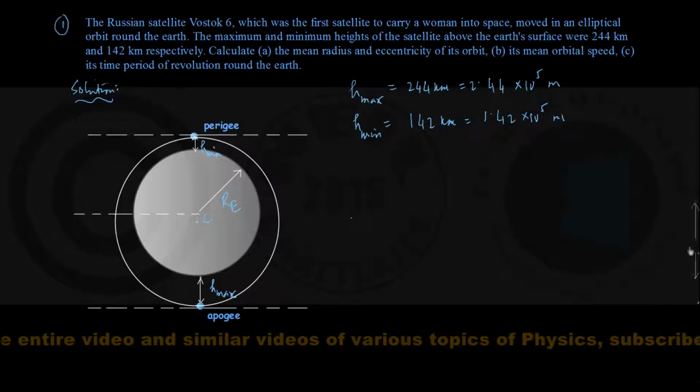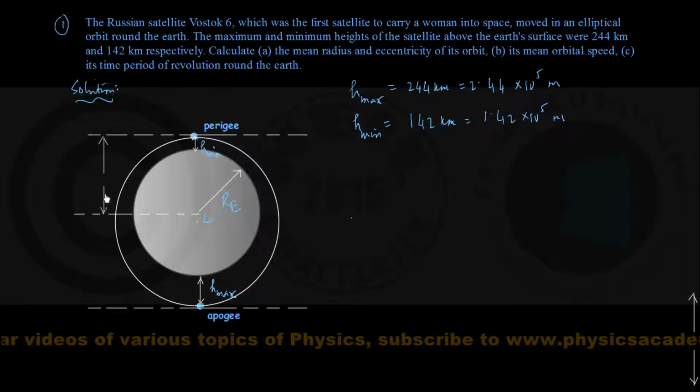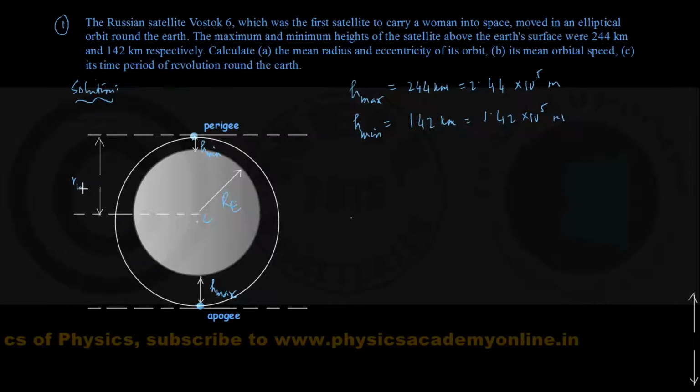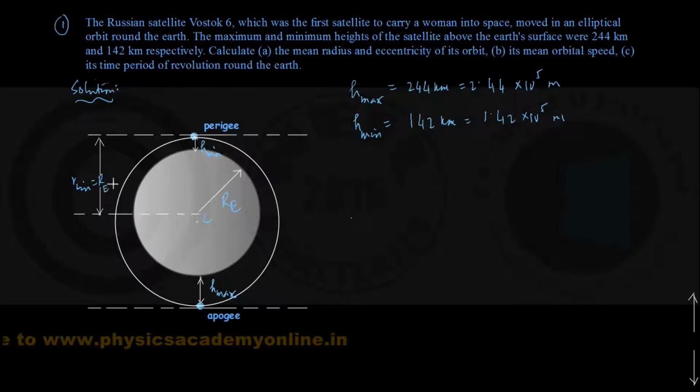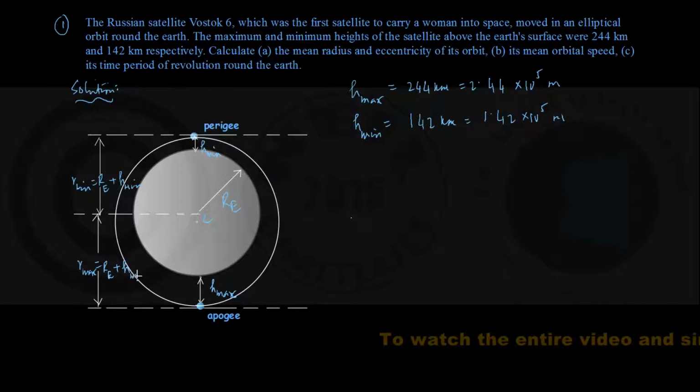So the minimum distance of the satellite from the Earth's center is R minimum. This is given by, of course, the radius of the Earth, that is RE, plus H minimum. And similarly, the maximum distance of the satellite from the Earth's center, I am calling it R max, which is equal to the radius of the Earth plus the maximum height above the ground.